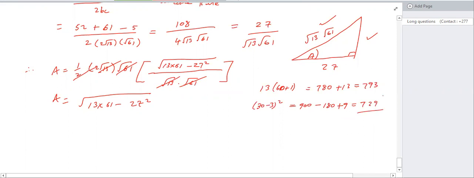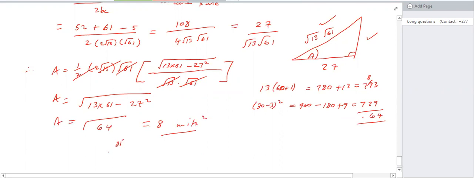Let me subtract these two: 793 minus 729 gives 64. Therefore, area is equal to the square root of 64, which is equal to 8 units squared.